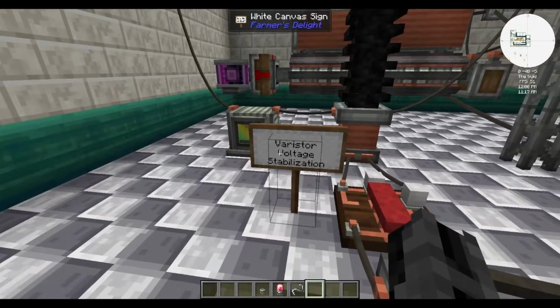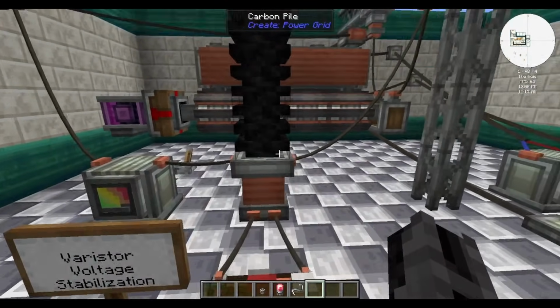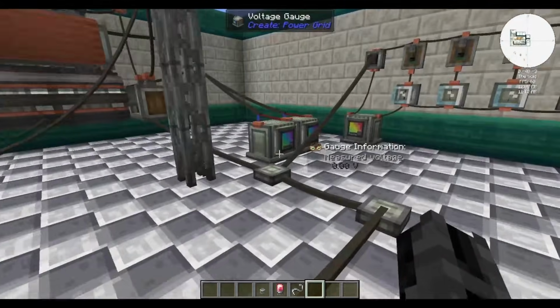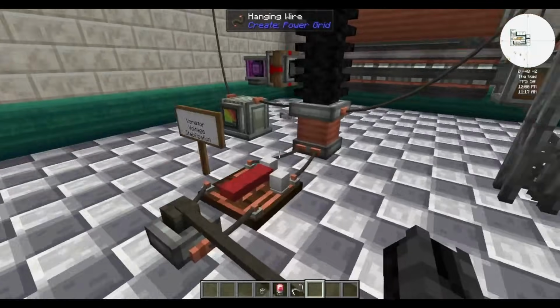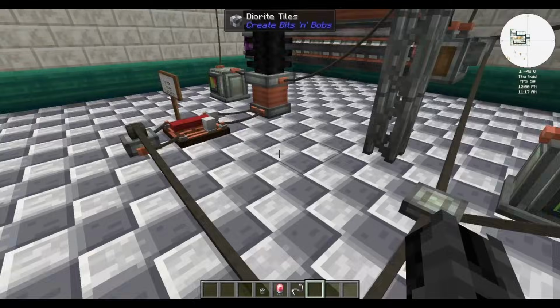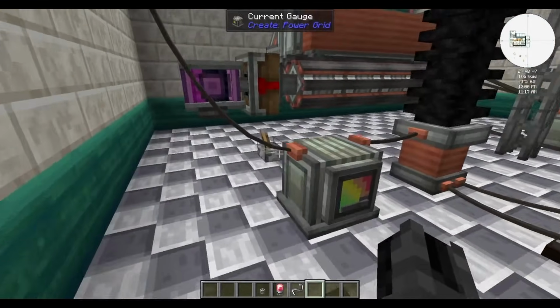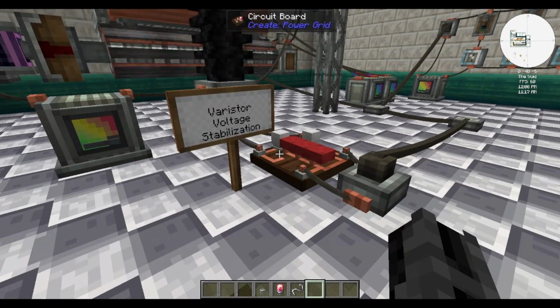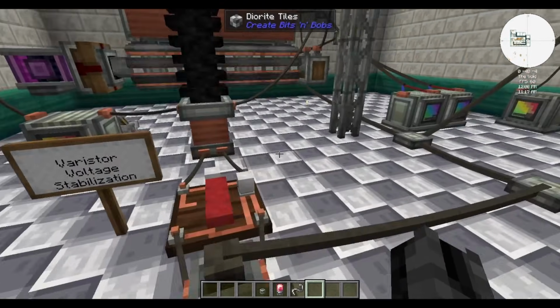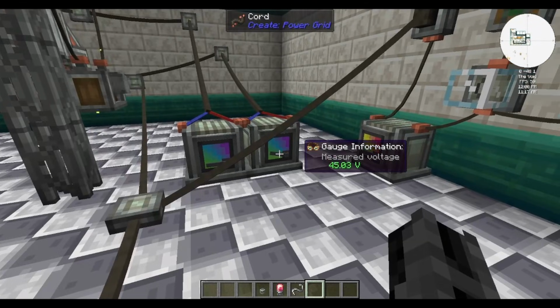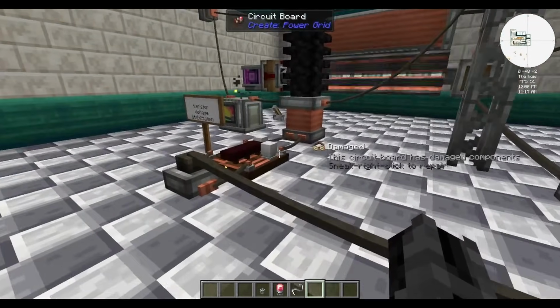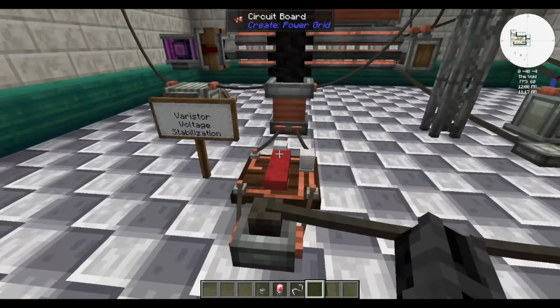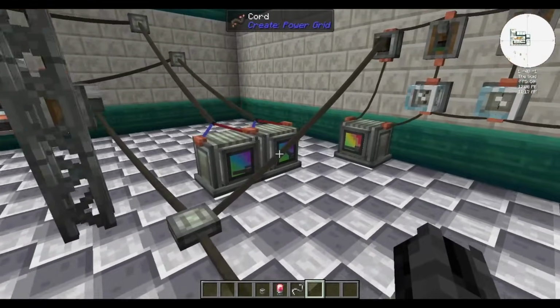Another use case of these is to control the saturation to regulate the voltage on a generator, so you don't need to transform it. I think this example blows up though. Hold on. Oh no, it works. Yeah, it just blows up. There needs to be a resistor in series with this for it to work precisely.